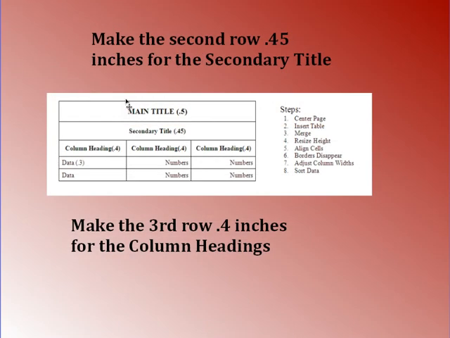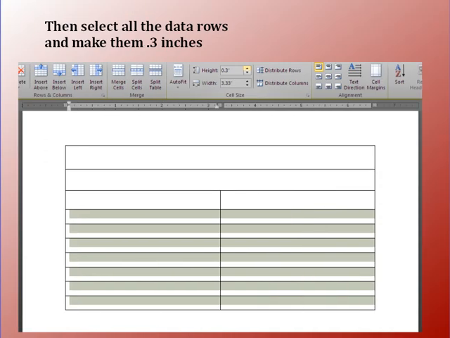So your secondary height is going to be almost 1/2 inch at 0.45. And then you're going to make the third row 0.4 inches for the column headings. Then you're going to select all of the data rows and make those 0.3 inches.